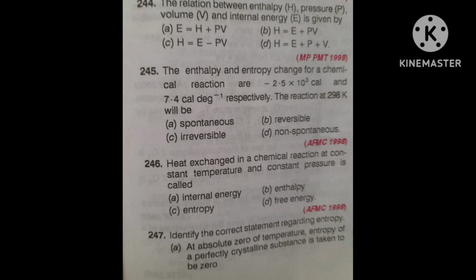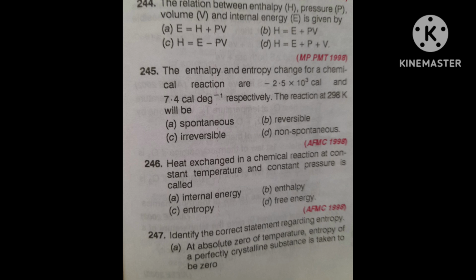Hence the delta H relation you know: delta H is equal to delta E plus delta n RT, where delta n g is the change in number of moles of gases. Here delta n is minus half.